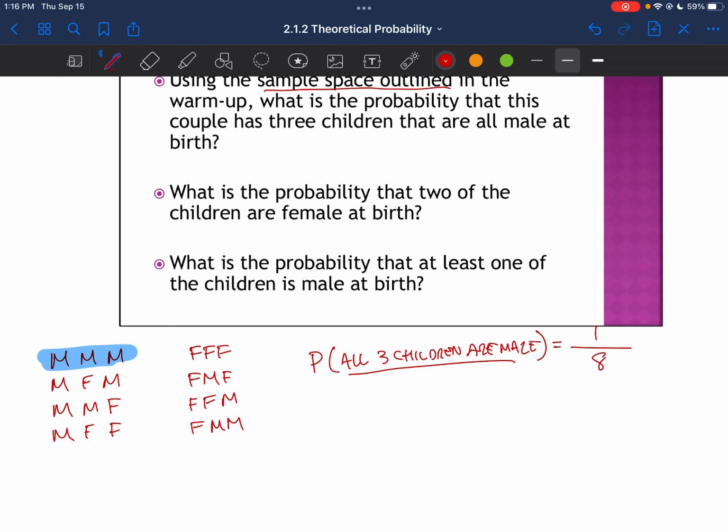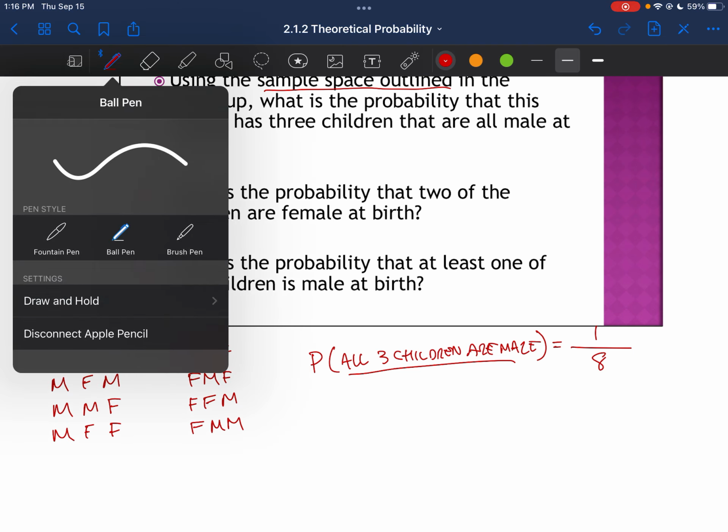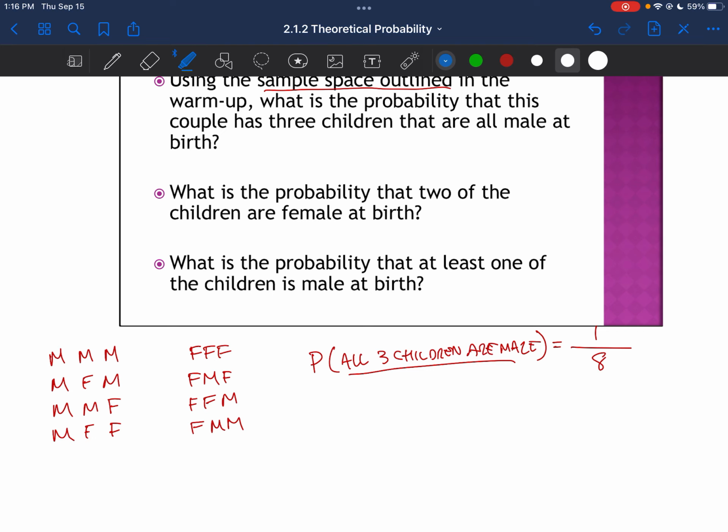So now we want to know, what is the probability that 2 of the children are female at birth? Okay, so we want to get rid of the highlighting here. So now I have to go through and find all the scenarios that have 2 females.